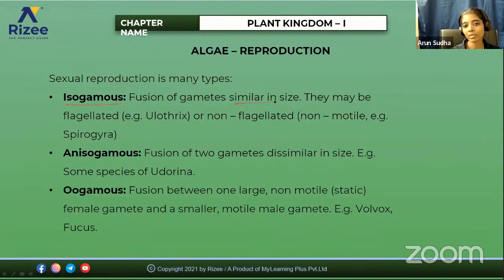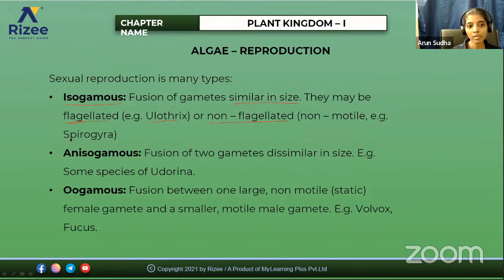If the size of the gametes are similar, then that is called isogamous. But both the gametes may be either flagellated, example Ulothrix, or non-flagellated, that is non-motile, example Spirogyra.